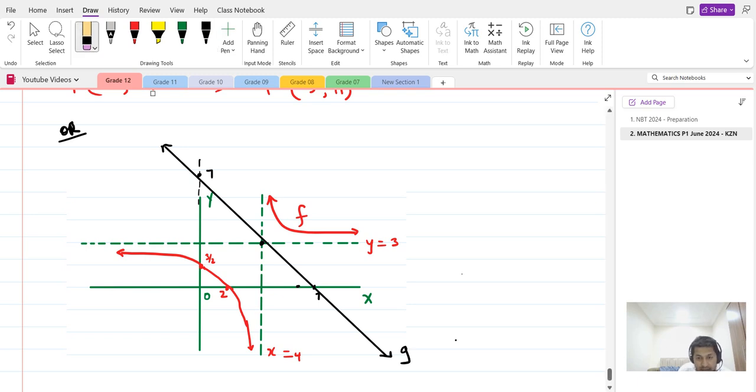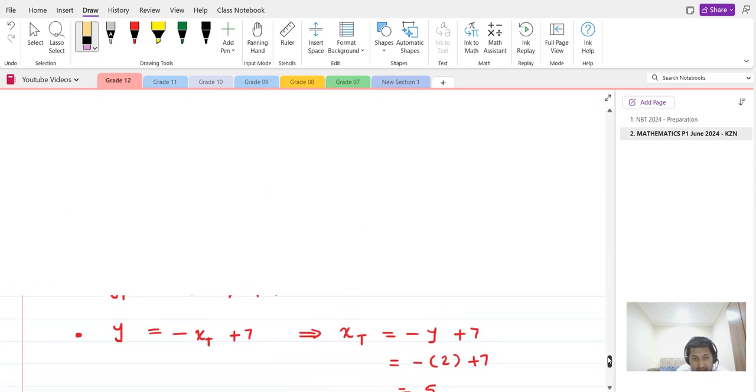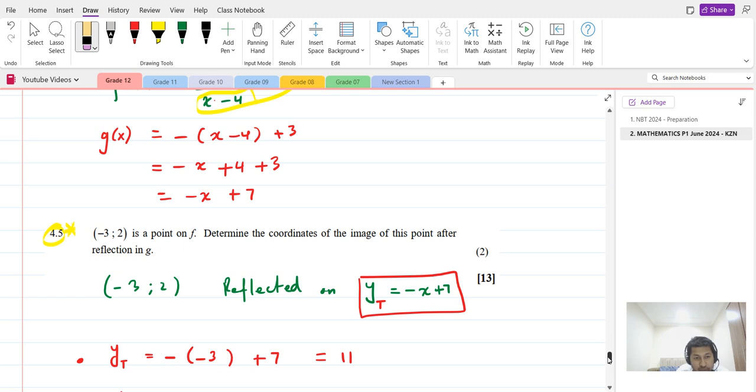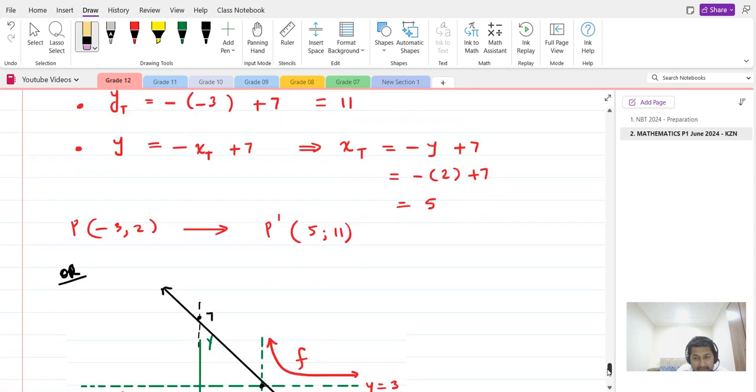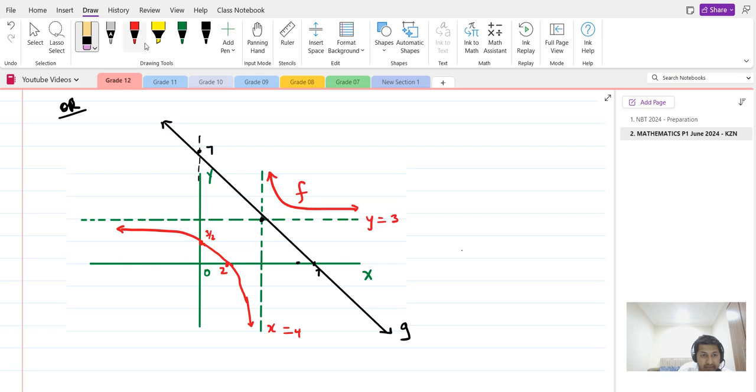Now let's check what's happening here. Minus 3, 2 is a point on f. So where's minus 3 and 2? That's minus 2.